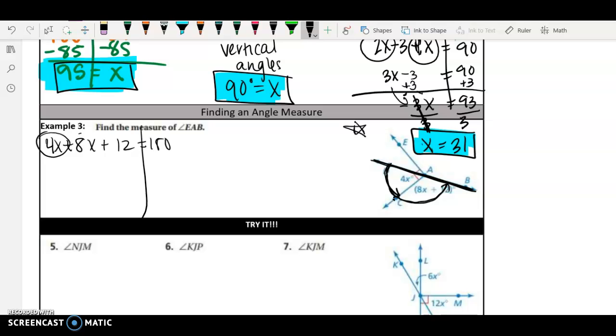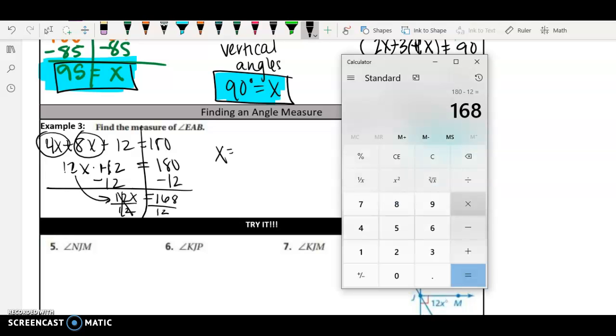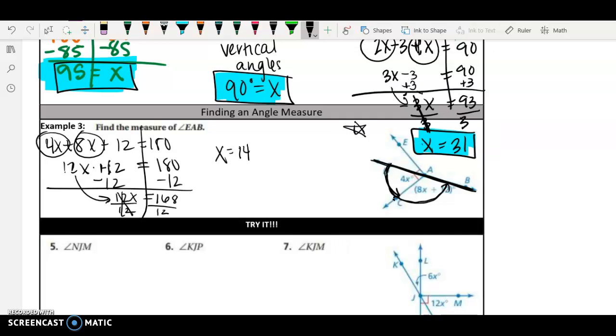So these both have an x. So 8 plus 4 is 12x plus 12 equals 180. Subtract 12 from both sides is 168, which equals 12x because we just bring this down. Now I'm going to divide by 12 on both sides. So that way these cancel. And x equals 14.